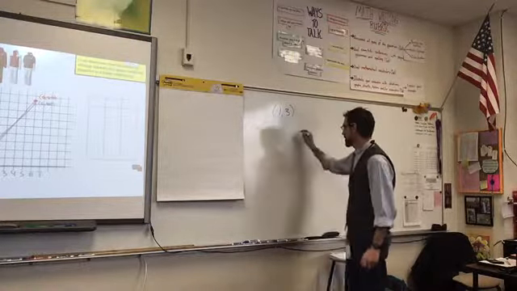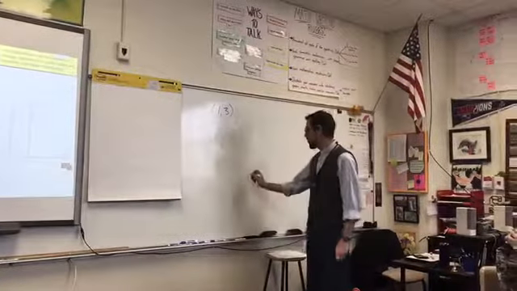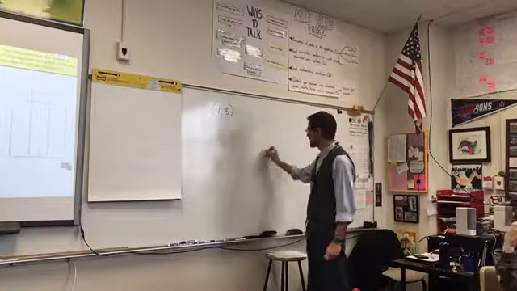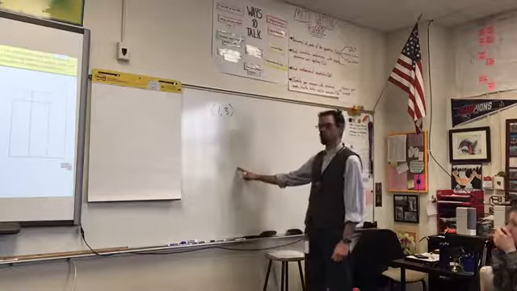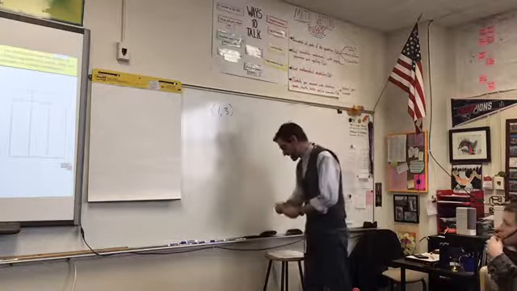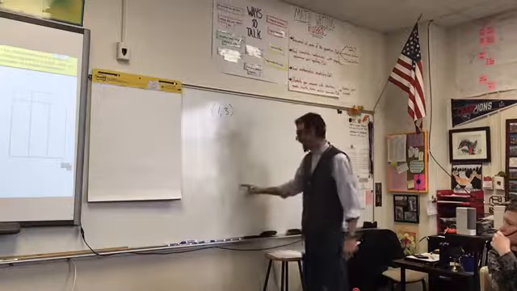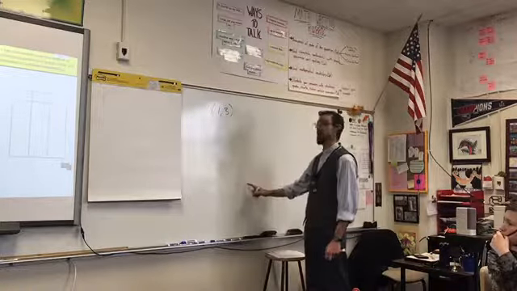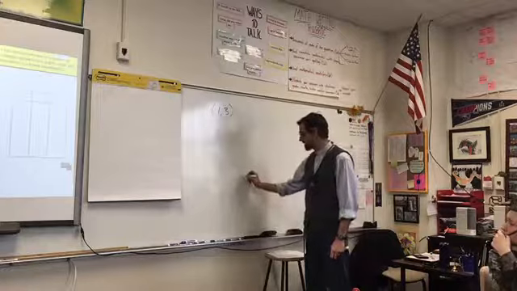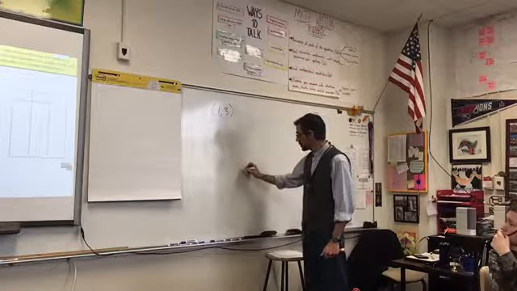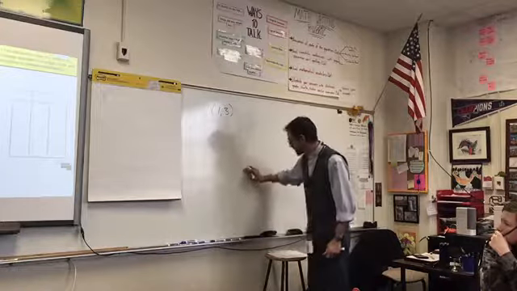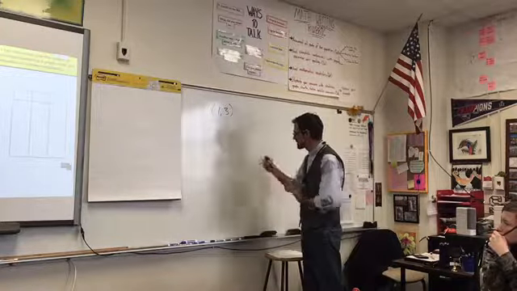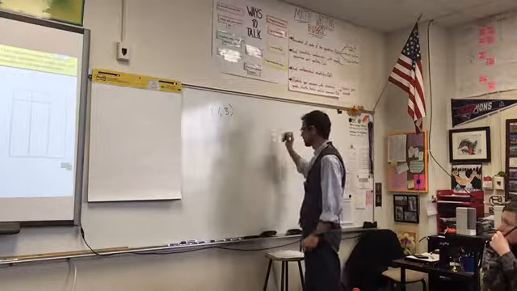So think about it. On a graph, $1 is 1 for 1. So that's going to be right up the middle. Right? I go over 1, I go up 1. The other one is I go over 1, I go up 4.5. So that other one is going to look like this. But the 1 for 1 starts like here.